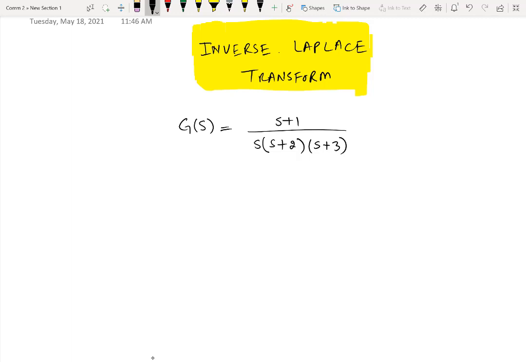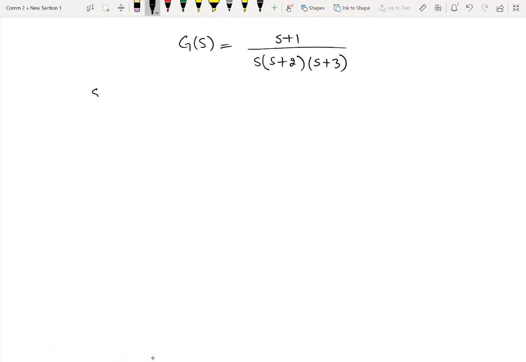So the first step is to compute the partial fraction coefficients by using the well-defined procedure. So what is that procedure? First of all, we will write this G(s) in terms of the partial fraction coefficients for each factor. So that will be (s plus 1).